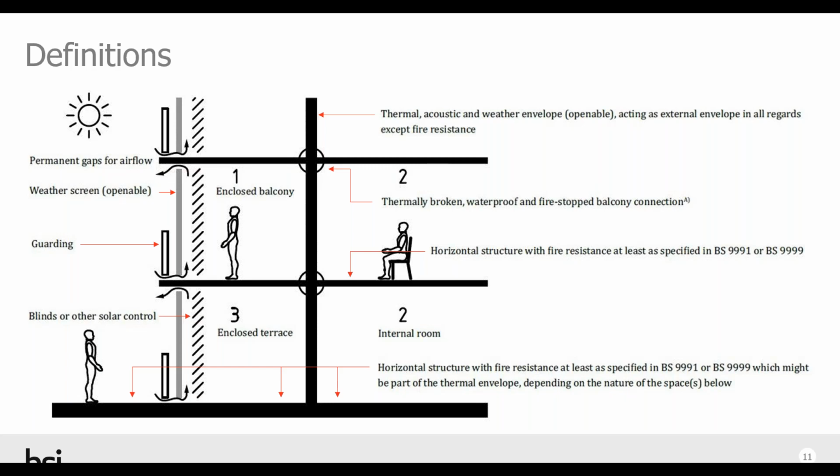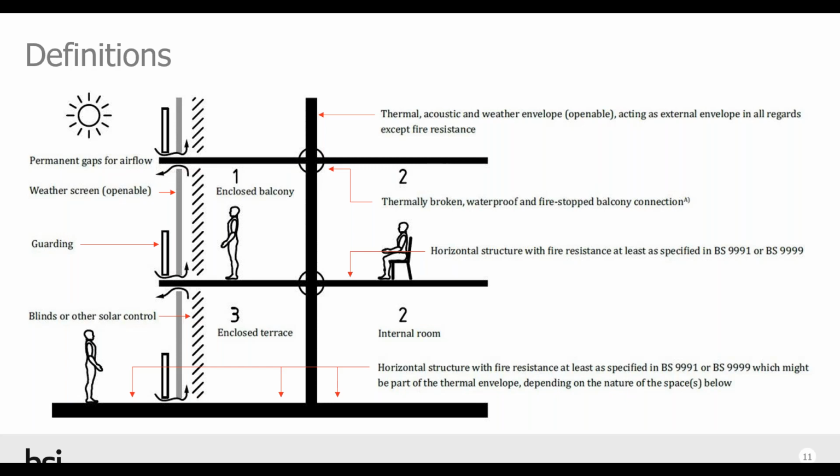projecting forward from that and continuing towards the outside, some form of blinds or solar control to mitigate the extremes of temperature in the enclosed space. Then a weather screen, which clearly needs to be openable and provide equal or more ventilation to the openings on the thermal, acoustic, and weather envelope line on the inside. And then some form of guarding.